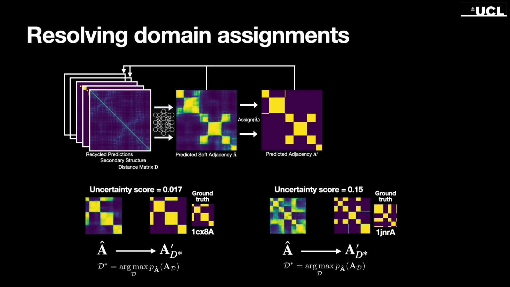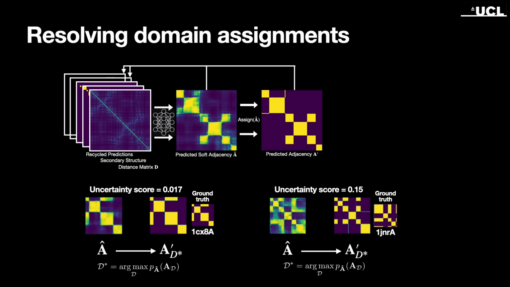And we achieve this using a greedy algorithm that iteratively assigns each residue to a new or existing domain, and we evaluate whether that increases the likelihood of that final assignment given the output of the neural network. And you can see from these images here that these feature representations are able to recover some quite complex domain assignments with lots of discontinuous domains.